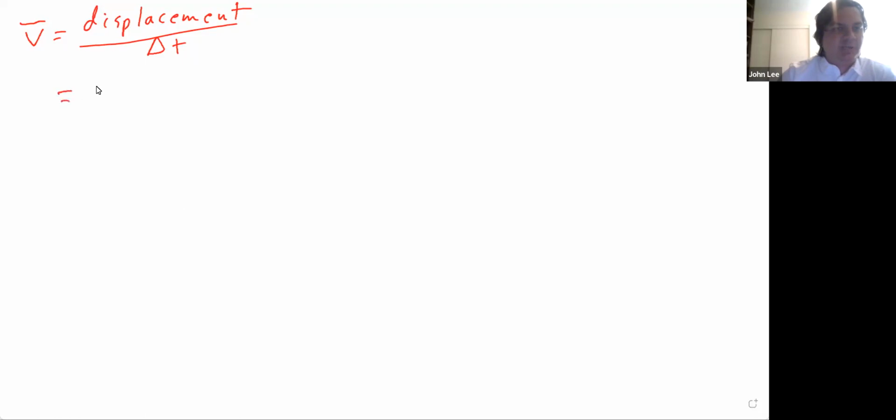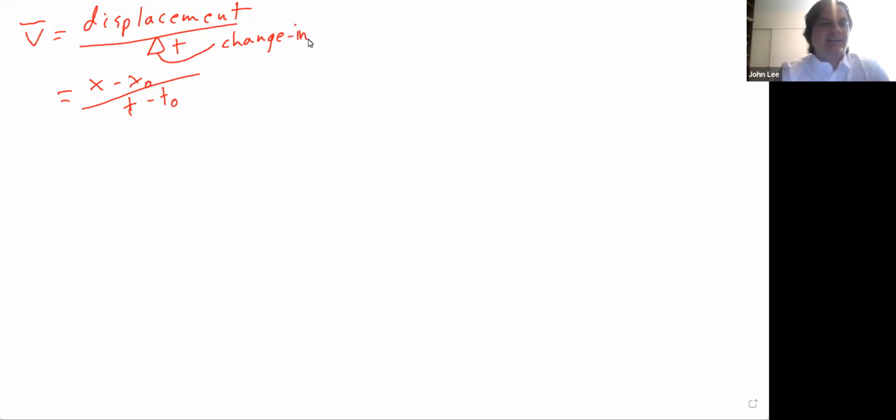So this is going to be equal to x minus x naught over t minus t naught, where t naught is the initial time and t is the time that you're looking at. So v equals displacement over delta t. Delta means change in. It's just a mathematical formula that we use.